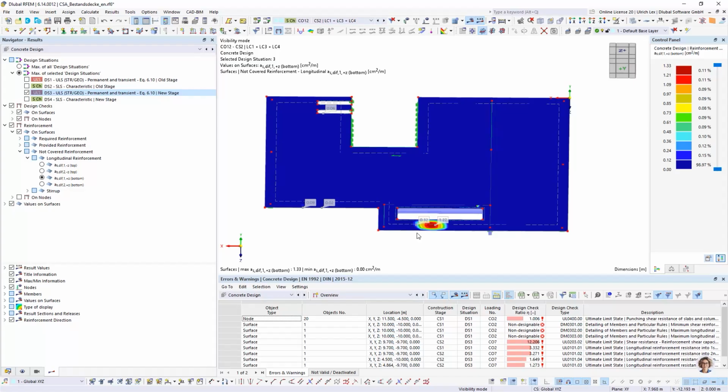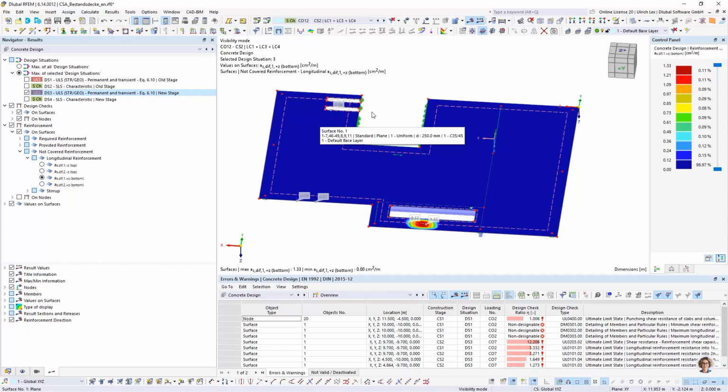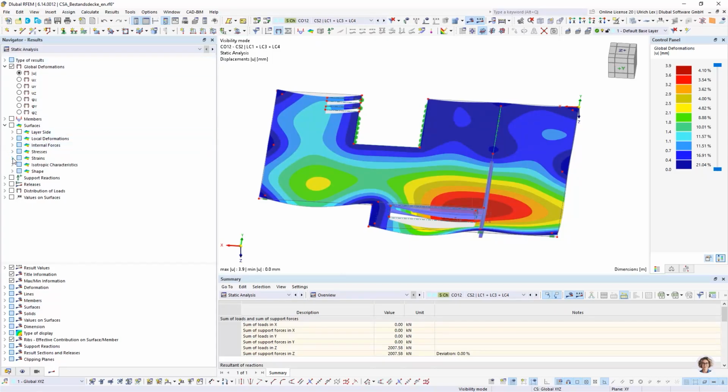That the reinforcement is not high enough. So when we do not know the exact reinforcement and the existing surface, then we have to check the static analyze results.